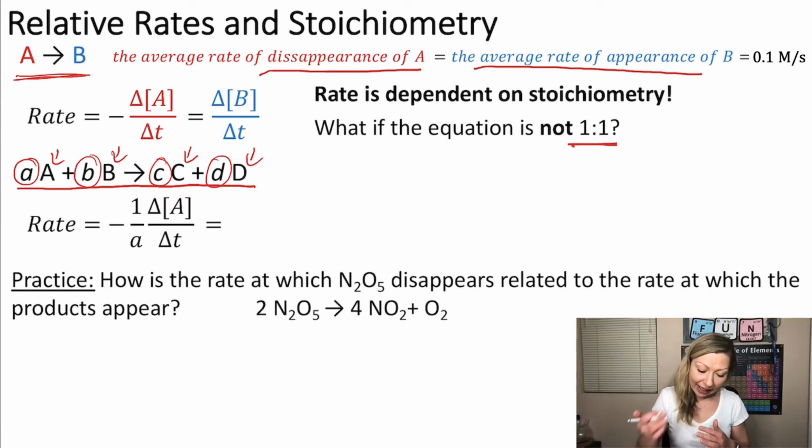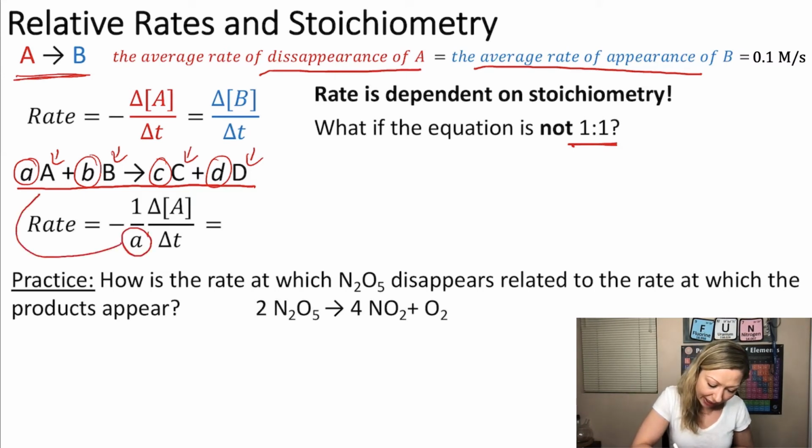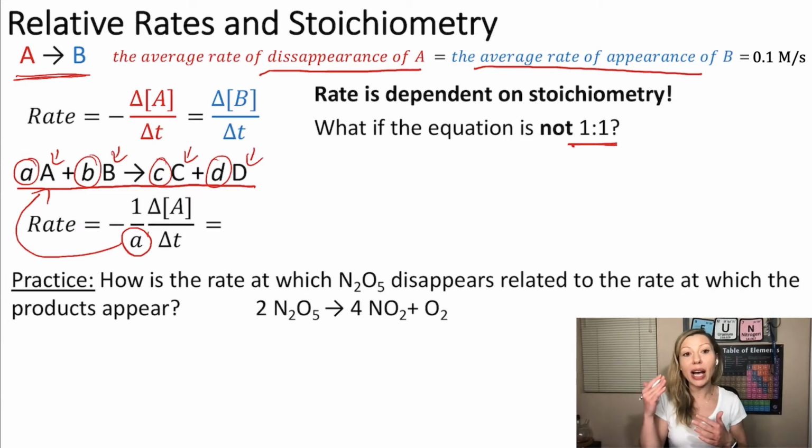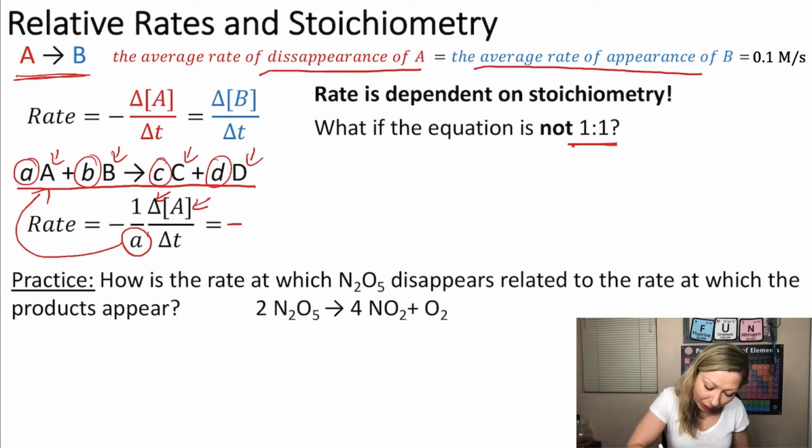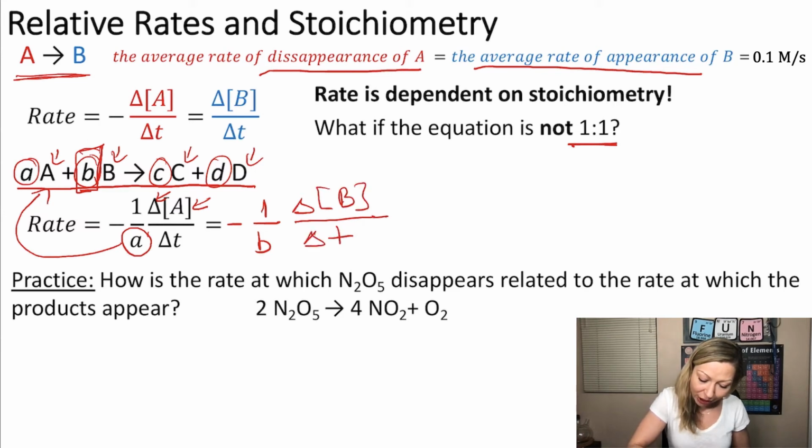So if the rate equals minus 1 over a, the coefficient of A in my reaction, multiplied by the change in concentration of A over time, then I can also express the rate as minus 1 over b, my coefficient next to my reactant B, multiplied by the change in concentration of B over the change in time.